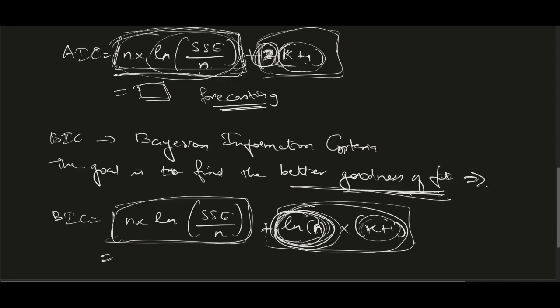That's how we are showing a bigger error, like a higher penalty, to find the better goodness of fit.